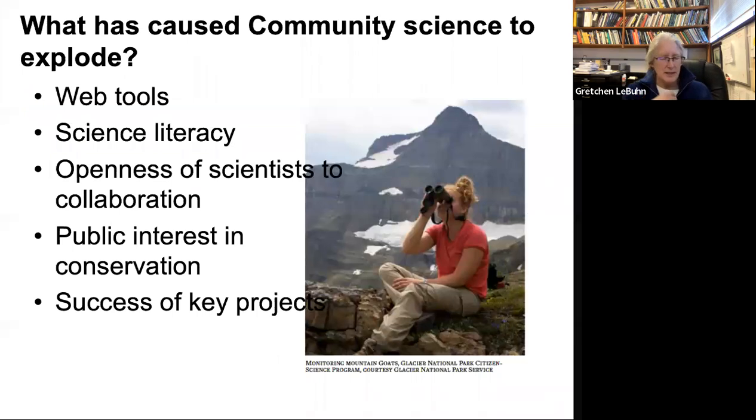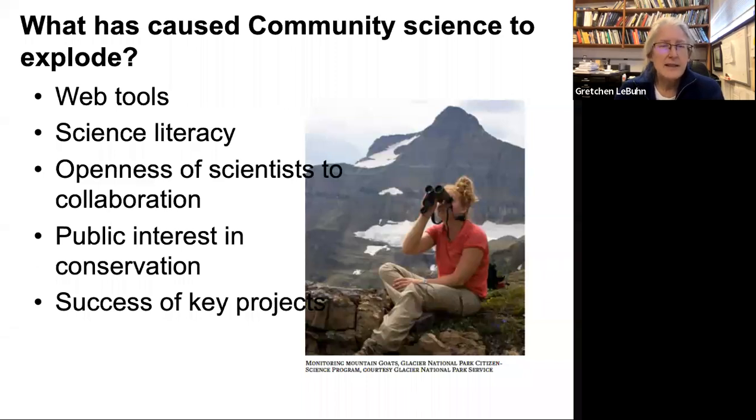So community science has really exploded. In part that's because we see better web tools. There's been a real push for science literacy. Scientists themselves have really changed their thinking and become much more open to collaboration with non-scientists. And there's a public interest in conservation.